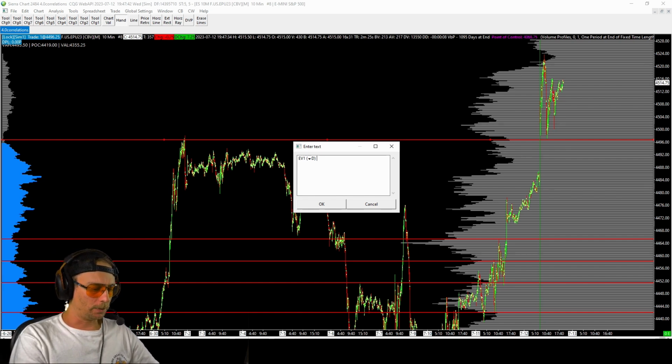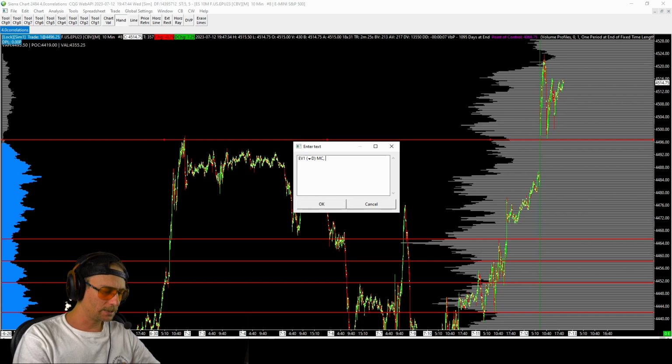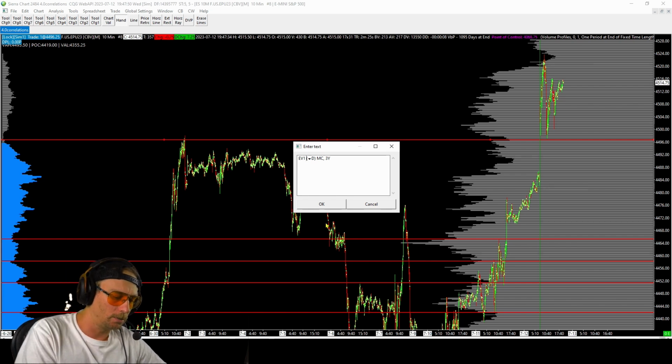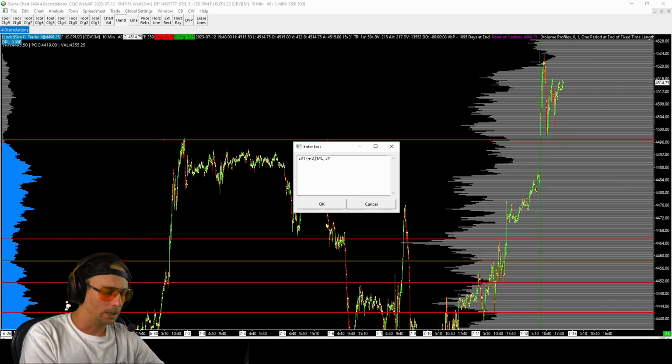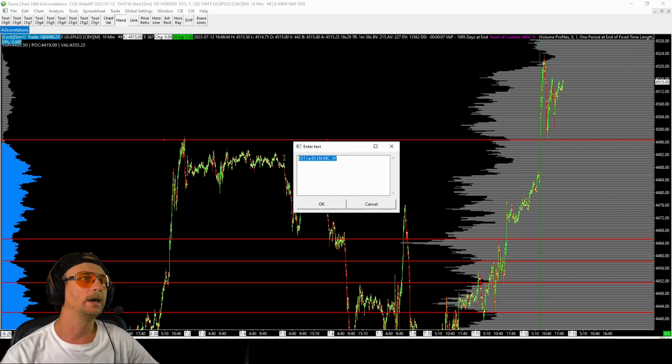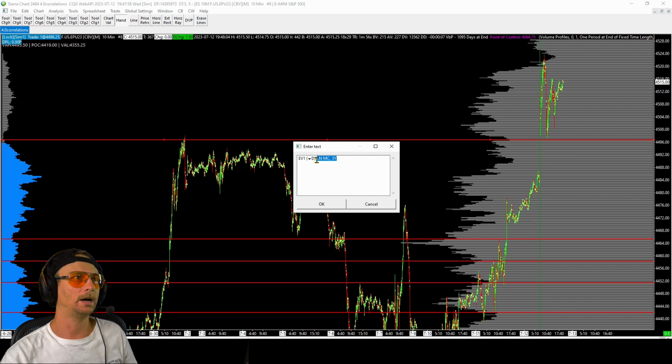So I'm going to put MC for major composite, and then 3Y, because it's a major composite and a 3-year low node, and they're matching. So we want to go ahead and probably copy this.